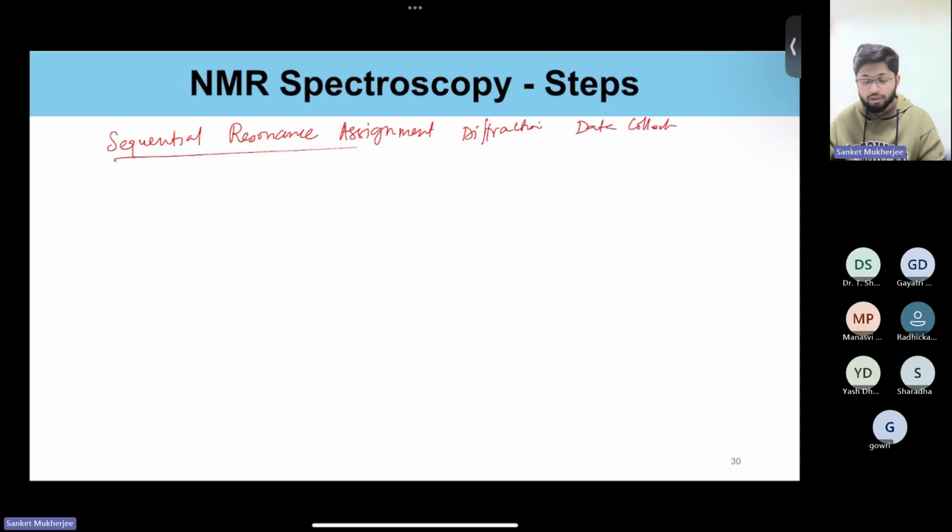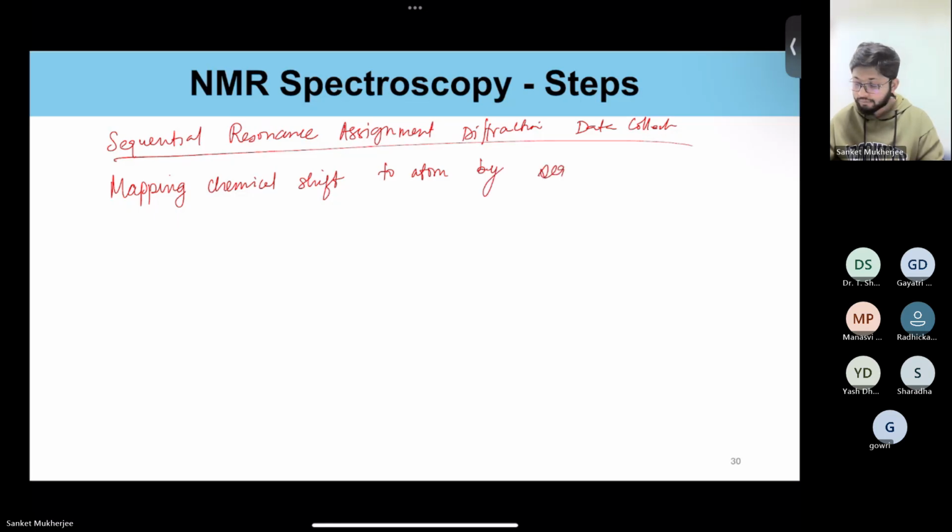So as I told you, there is the chemical shift. The chemical shifts are mapped by sequential walking.